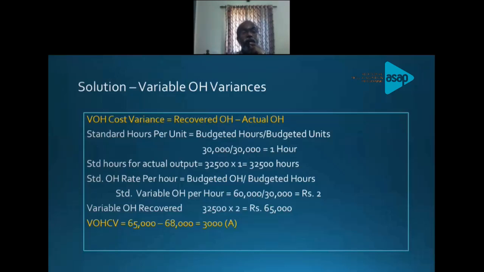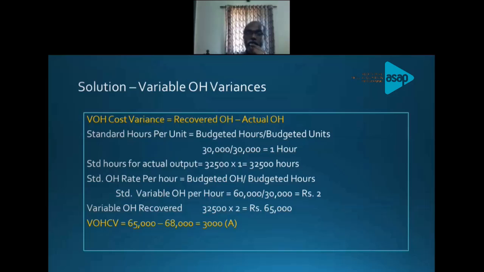So the variance is 3,000 adverse. Actual overhead is more than the recovered overhead. That means here there is under absorption of overhead. We have recovered only 65,000, but we have spent 68,000. So the overhead is adverse to the extent of 3,000. Are you clear about it?